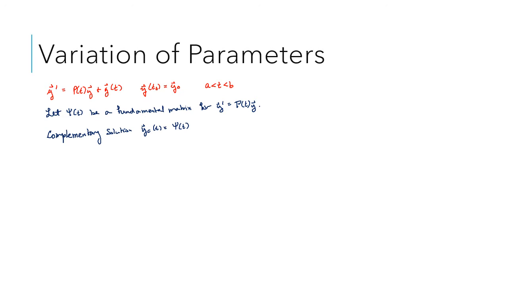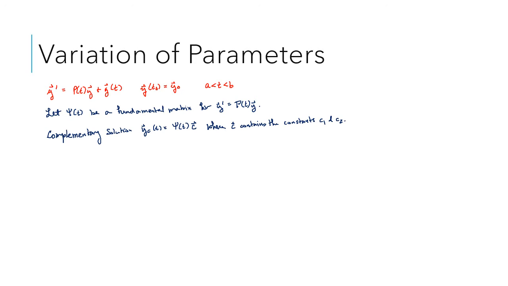I'm going to use a little column matrix C as my arbitrary constants, so those are my constants C1 and C2. So I've got my complementary solution. It's the solution to the homogeneous version of the equation.